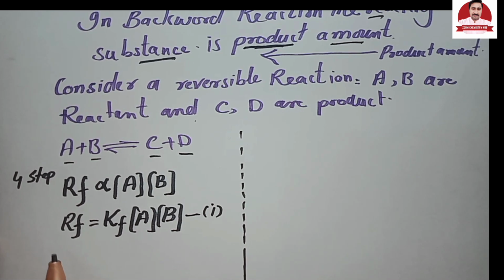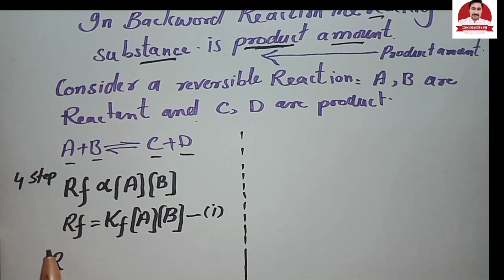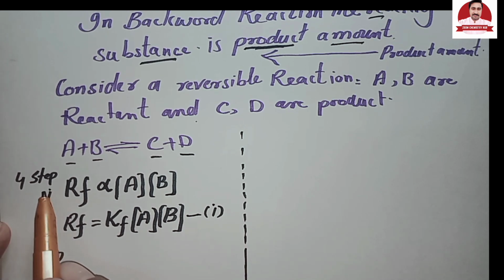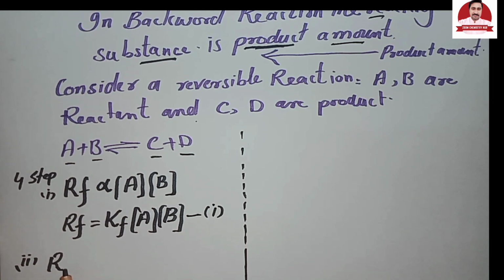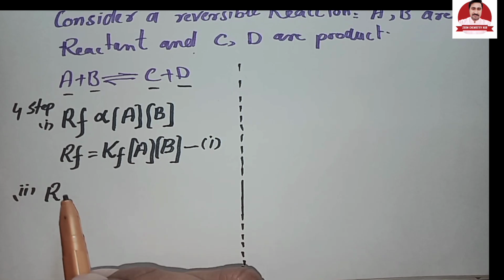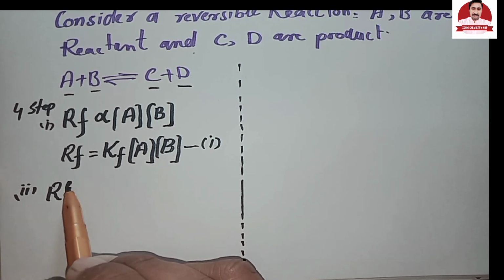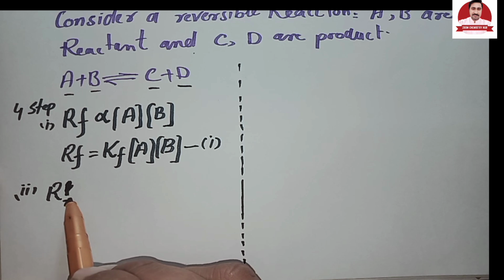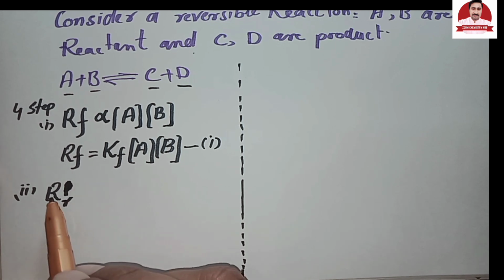And in the second step, the rate of reverse reaction, we denote reverse reaction with a small r, and capital R denotes the rate.